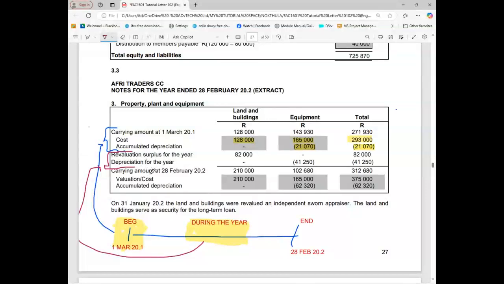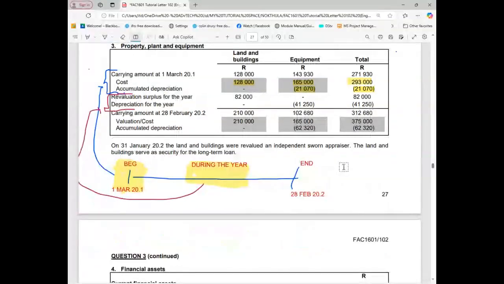So you only have two things, but in future you can have more. Sometimes we do buy new assets during the period. If you bought new assets during the period, you were supposed to put it somewhere here, and we normally call it additions at cost.